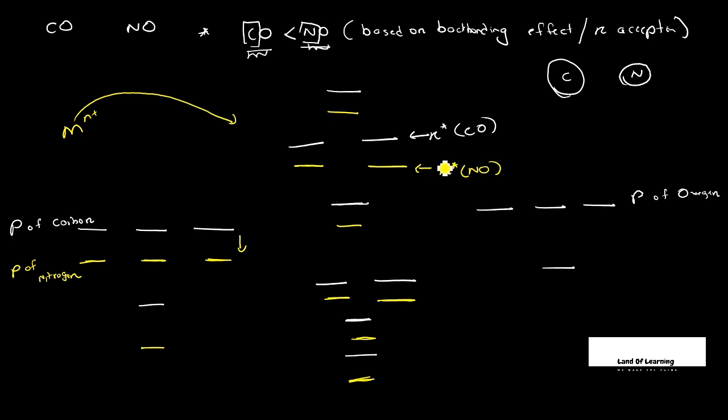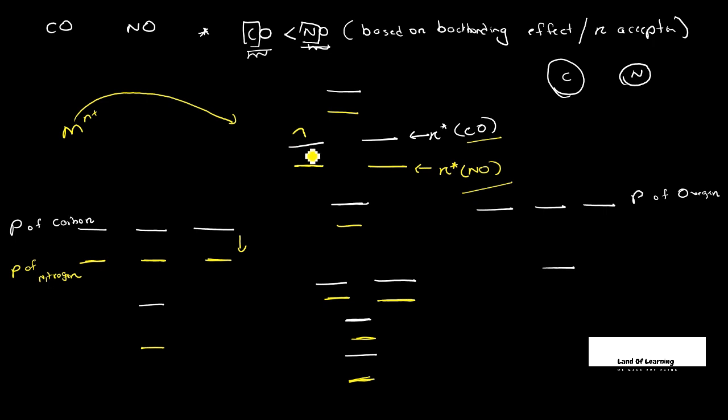So now I am going to ask you a question. Which is more efficient for our metal center, to donate its electron density to the carbonyl's 5 star orbital or the nitrosyl's 5 star orbital? If your electrons are donated to this one, is it more stable compared to this one?